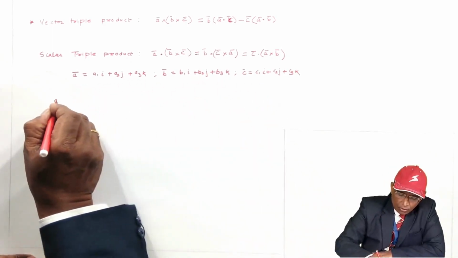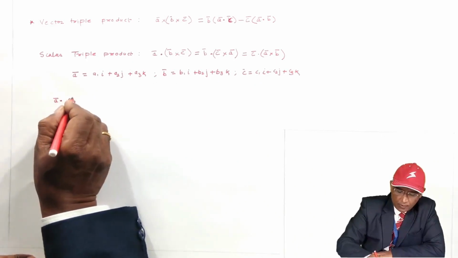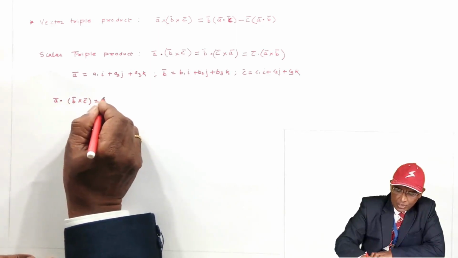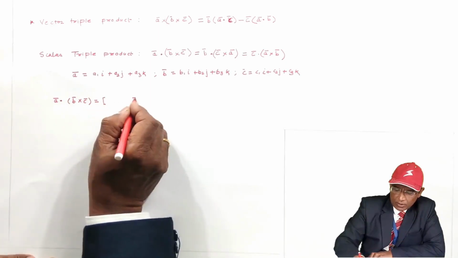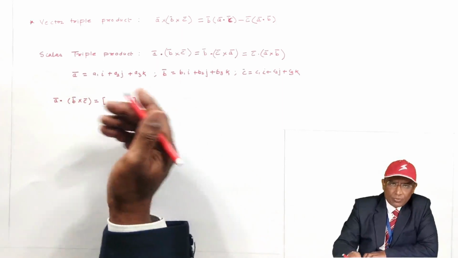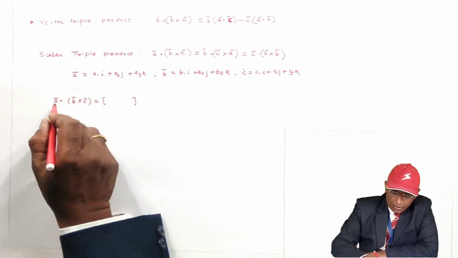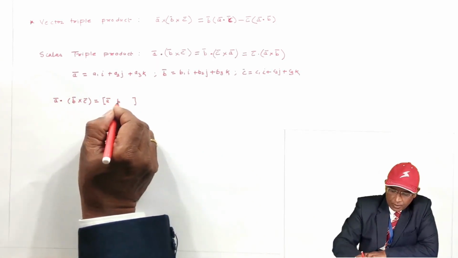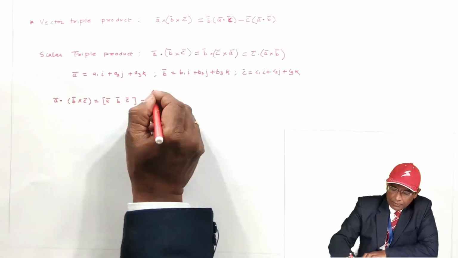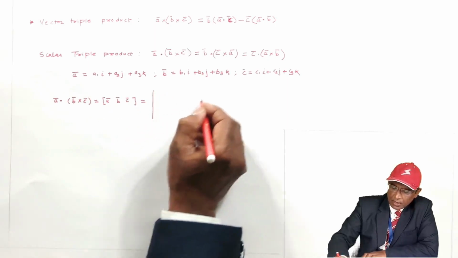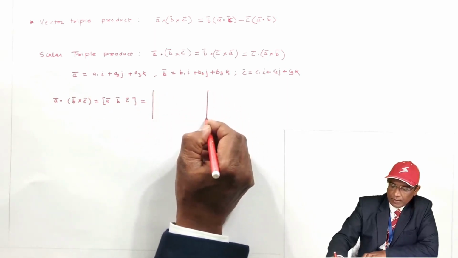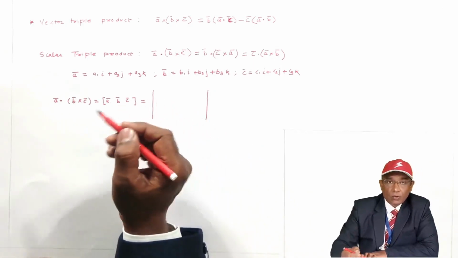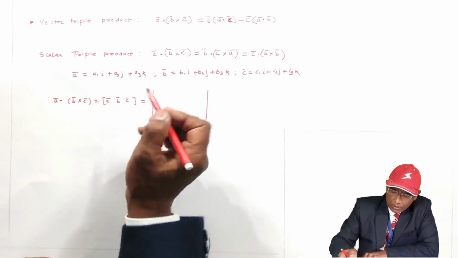Then A bar dot B bar cross C bar is the scalar triple product. Okay, this can be written in this way also, the box product. This is a fashion of writing only. You are free to use anything. Means A bar space B bar space C bar. If the vectors A bar, B bar, C bar are given in terms of components ijk, how do you find the value of scalar triple product?